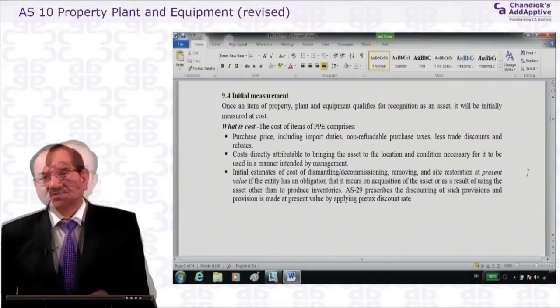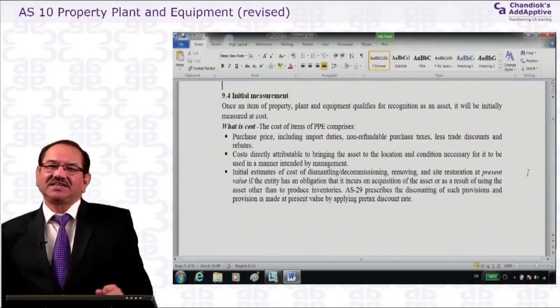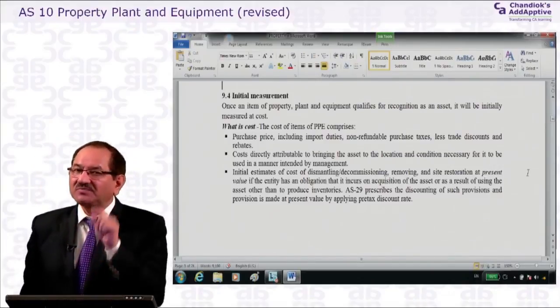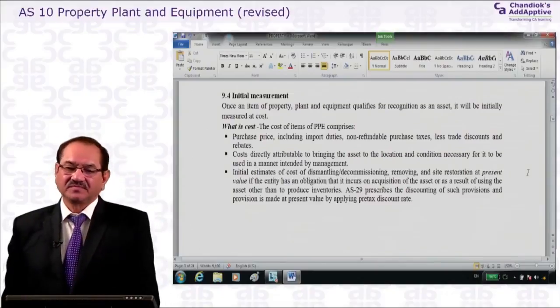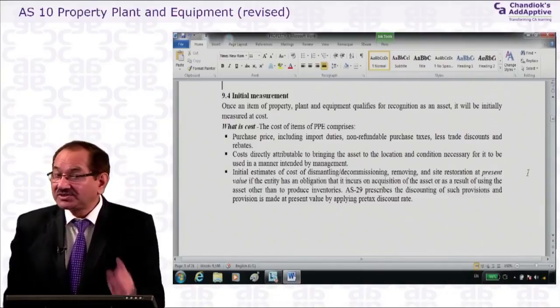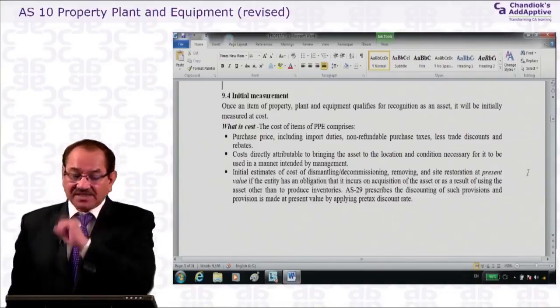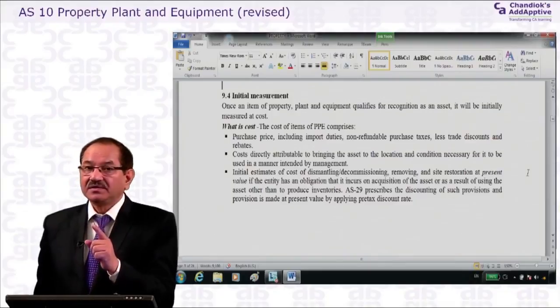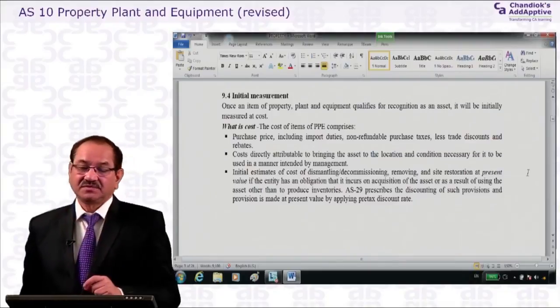What does the accounting standard say? Yes, you have to include this 10 crores in the cost of the asset. But whether it should be 10 crores or less than 10 crores, because you are going to pay the 10 crores after 30 years?